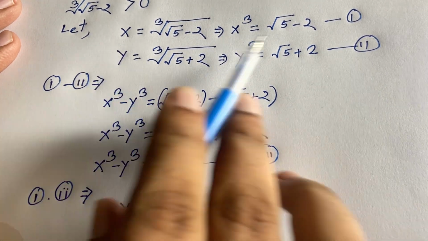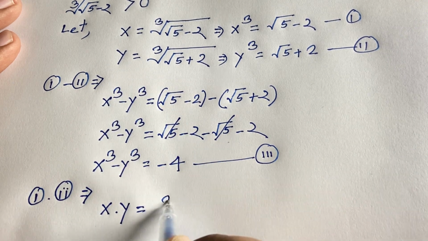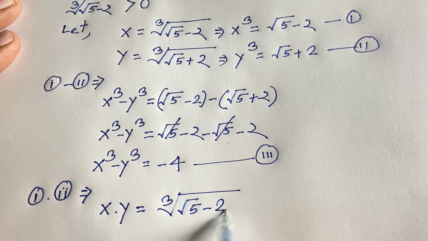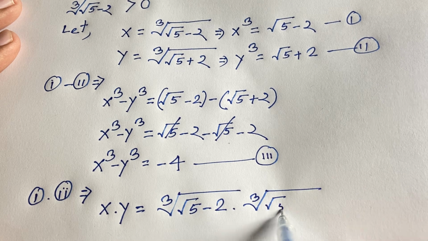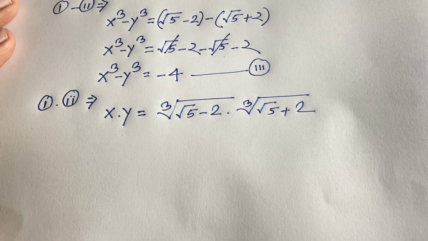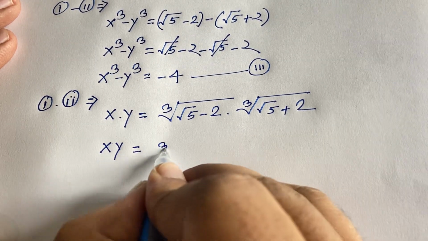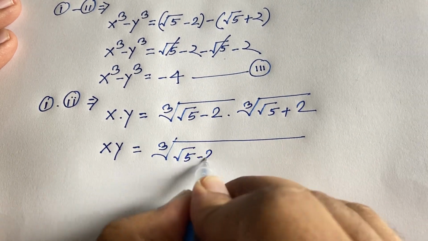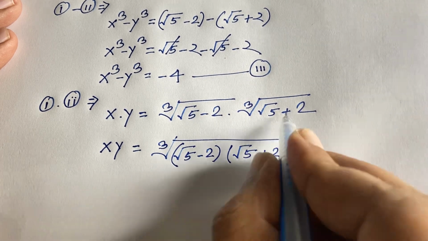I put in the values: x is the cube root of square root 5 minus 2, times y, which is the cube root of square root 5 plus 2. Now xy is equal to the cube root of square root 5 minus 2 times square root 5 plus 2.